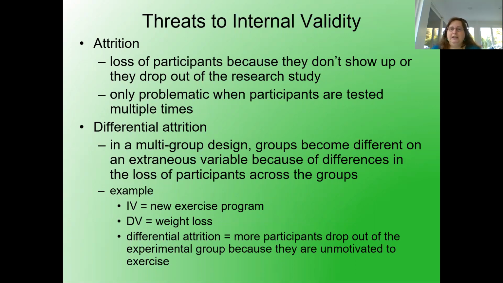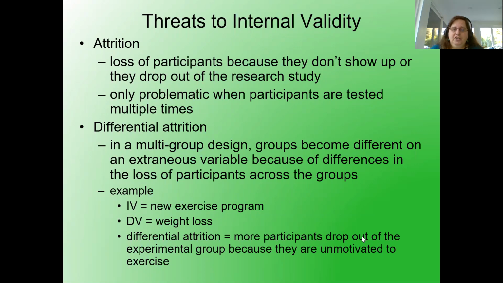That could be. Okay. So differential attrition is in a multi-group design, and the groups become different on an extraneous variable because of differences in the loss of participation across groups. Let me give you an example of this. Okay. Let's say the IV, the independent variable, is a new exercise program, and the DV is we're going to look at weight loss as the outcome.